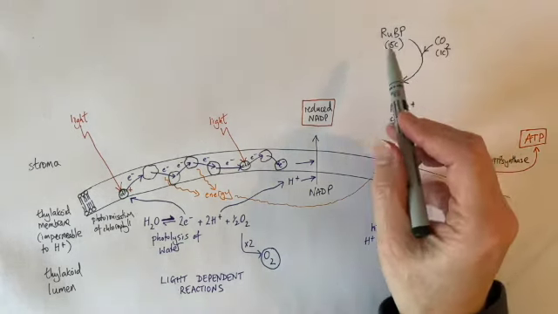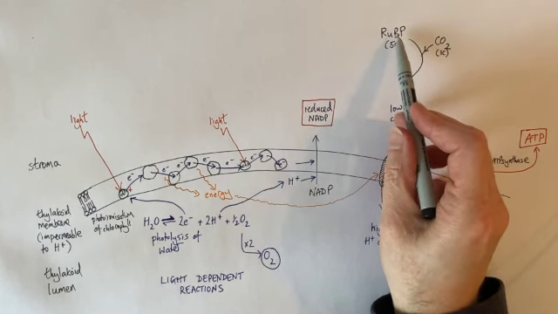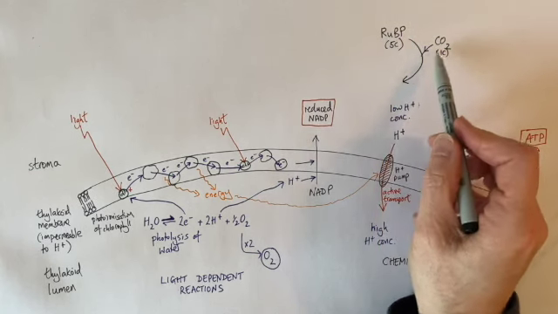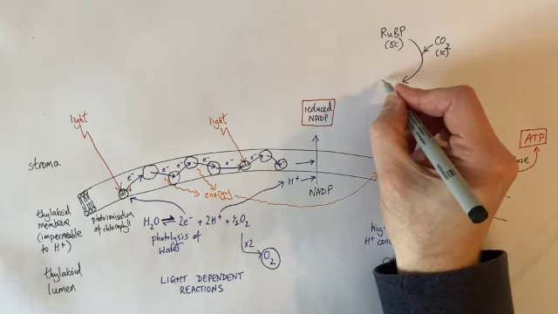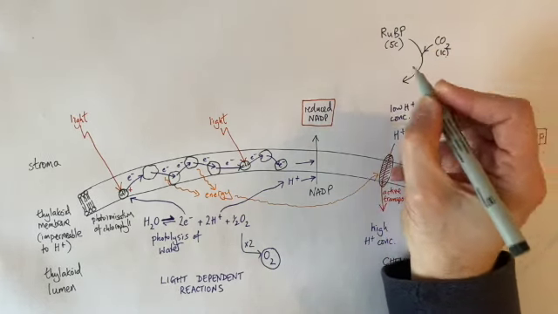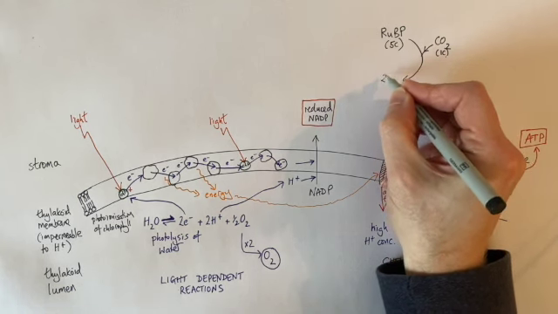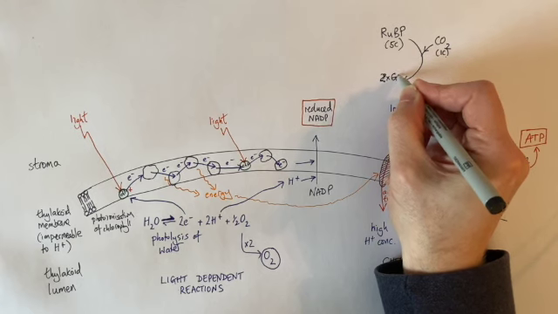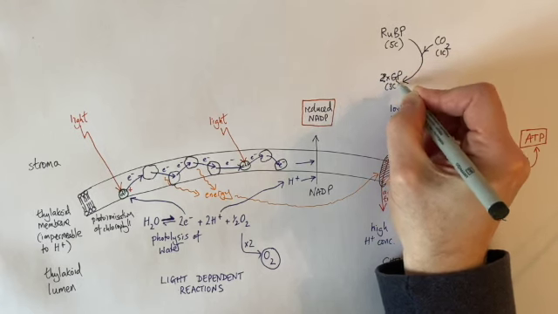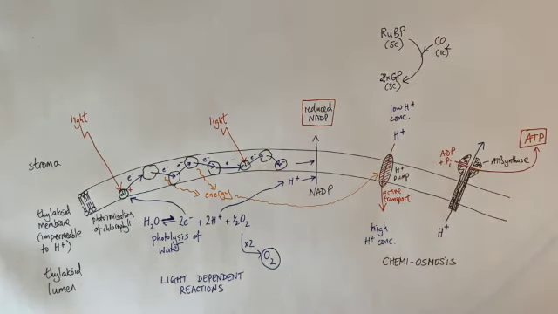And what we get is, 1 molecule of RuBP combines with 1 molecule of carbon dioxide. And you get, instead of a 6 carbon molecule, you get 2 3-carbon molecules. And those are called GP, glycerate 3-phosphate.